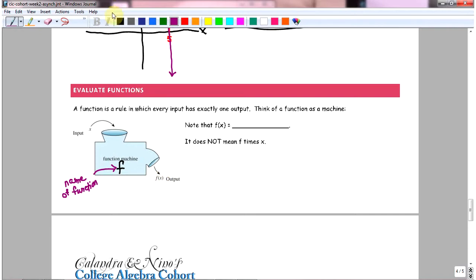So the way that that is read is not fx, that is f of x. So note that f of x is the same thing as the single variable y. It's just another way to denote that output. It does not mean f times x.